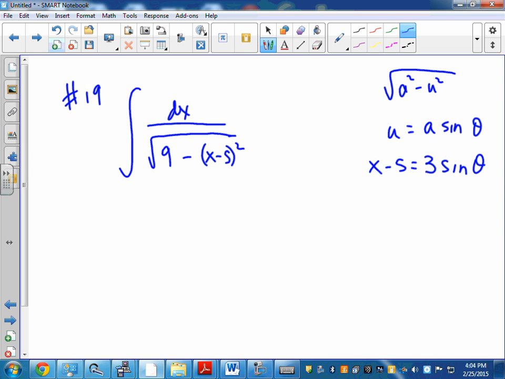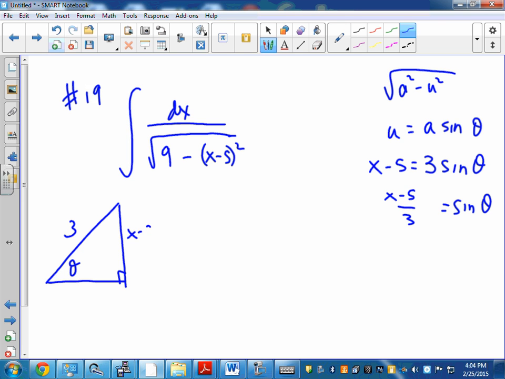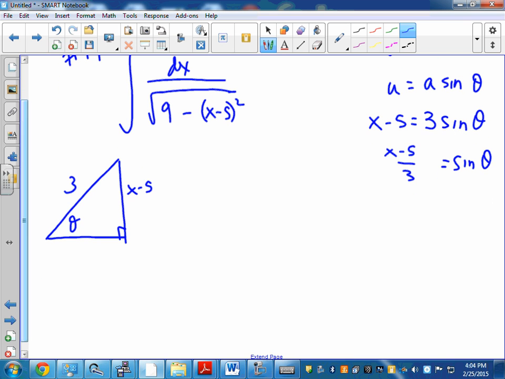And now I need to draw a triangle with that. So here's my little triangle again. There's my angle theta. Notice that the sine of theta is going to be x minus 5 over 3. So 3 is the hypotenuse, and x minus 5 is over here. And then using Pythagoras, this will again be the square root of 9 minus x minus 5 squared. Okay, so we have that integrand appearing in there.